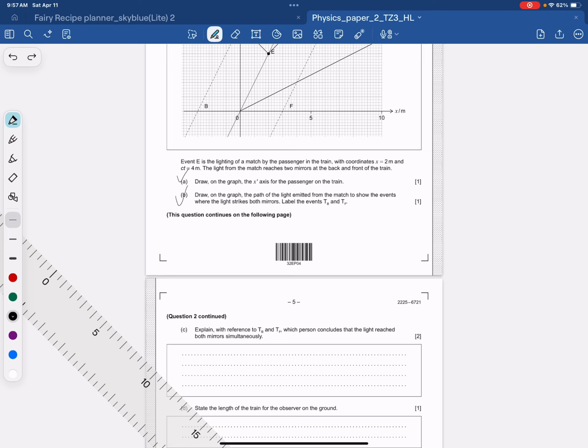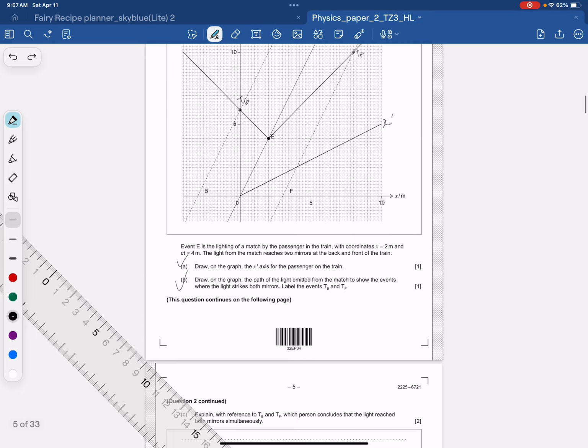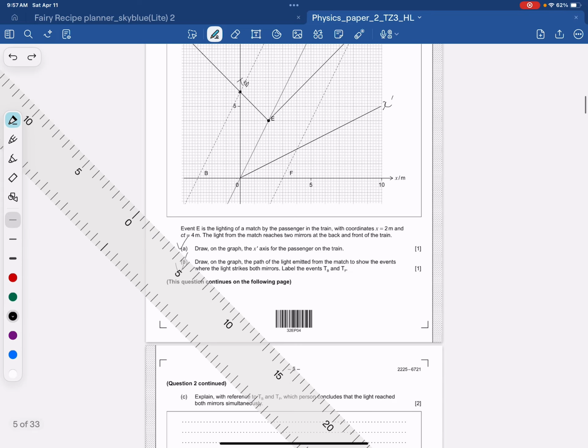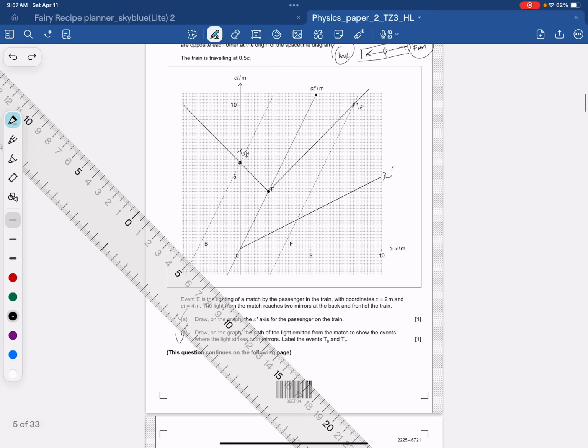Just like when you're in a room and you turn on a match, and you have mirrors that are equidistant from you in opposite directions, you expect the light to hit them at the same time, right? Although technically you are moving because the Earth is rotating around its axis and around the sun. That's the same logic you should apply to this moving observer. From the perspective of the observer within the train, they're stationary. Therefore, the same normal, quote-unquote, rules of physics apply. And that's the conclusion that we expect to draw.